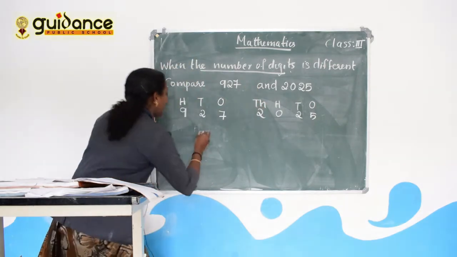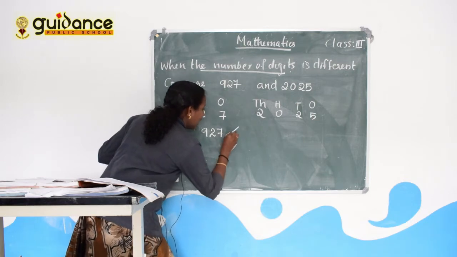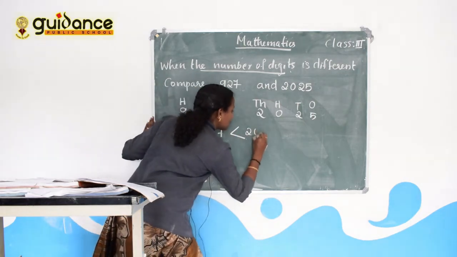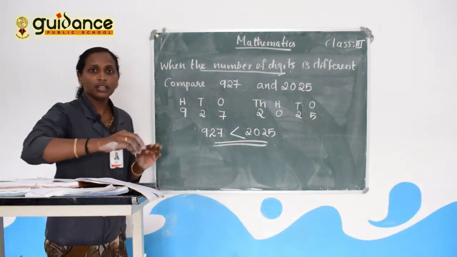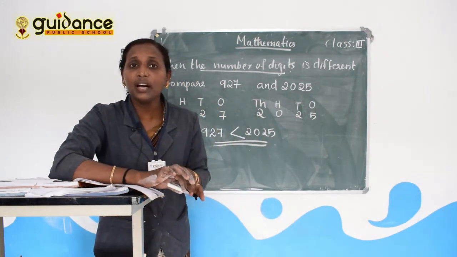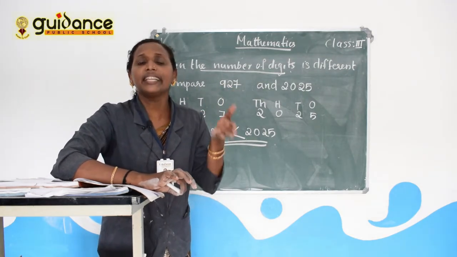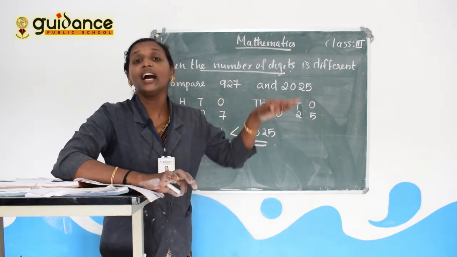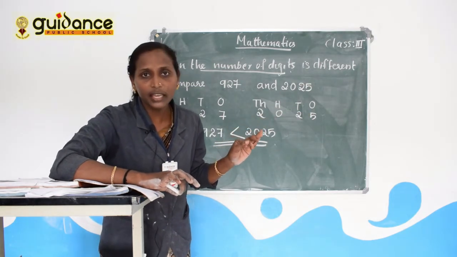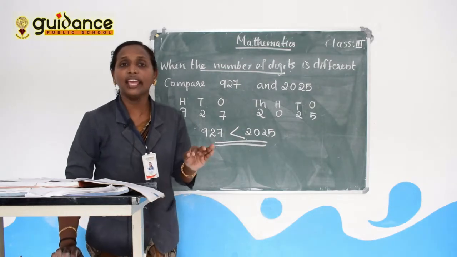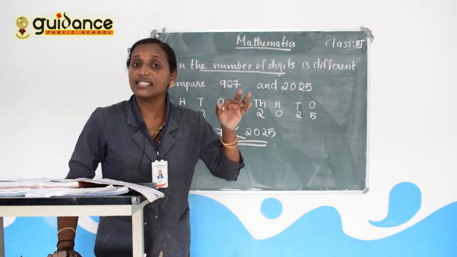That means we will write 927 is less than 2025. What's the reason? The number with more digits is the greater number than the other number. All of you clear?